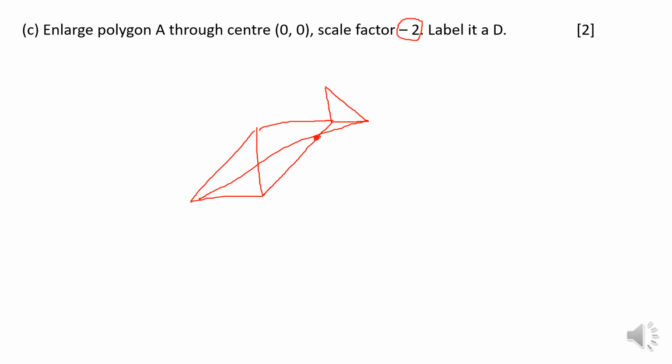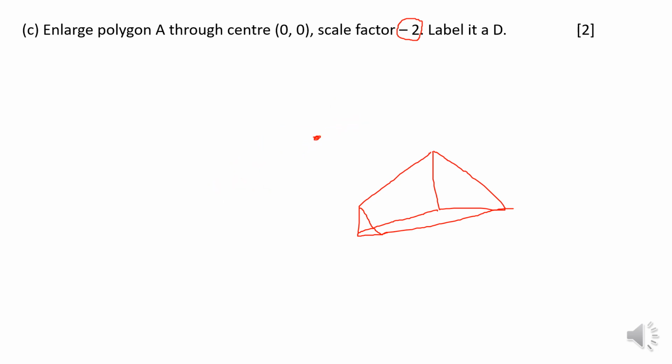Never mind my drawing, but it flips it around. If the scale factor was positive and this is the shape, then its enlargement will be in the same sort of direction. I hope you can see that. But if it's negative, the whole shape is flipped around from the center of enlargement. That is one of the things you have to realize with this particular question.